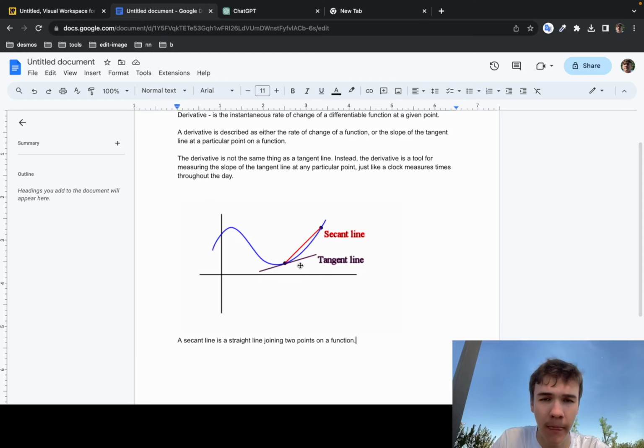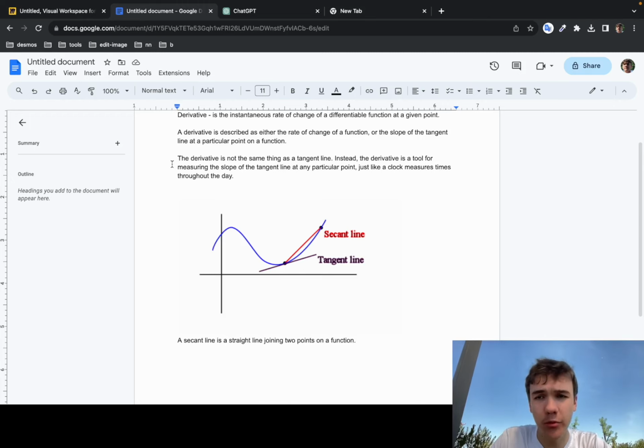To find the derivative we need to have a tangent line, and the derivative is the slope of this tangent line. So we cannot say that the derivative is the same as a tangent line, because the tangent line is the line, but we can say that the derivative is the slope of this tangent line. So the slope of this line, okay?